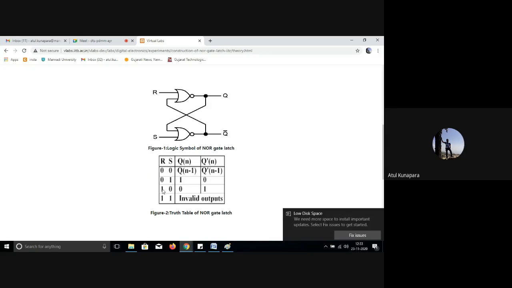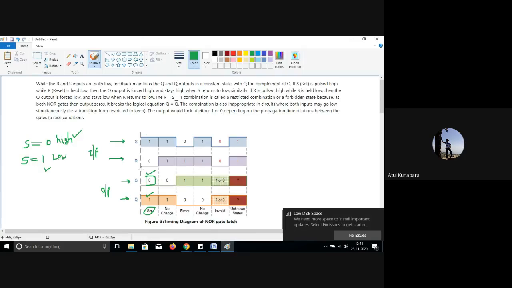And the third condition, R equal to 1 and S equal to 0, is called a reset condition. Whatever is going to happen for R equal to 1 and S equal to 0 will happen here when R equal to 0 and S equal to 1, because there is a reverse consideration in this timing diagram. Okay, so that is what I am showing you. So here you can see that the output will be set in the first case.